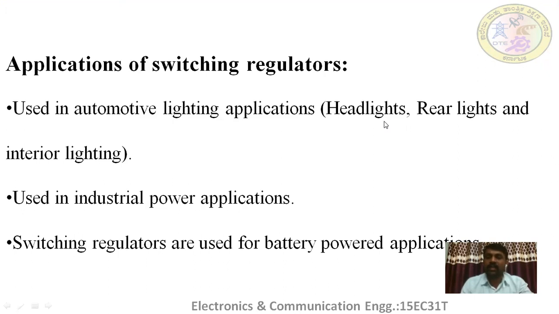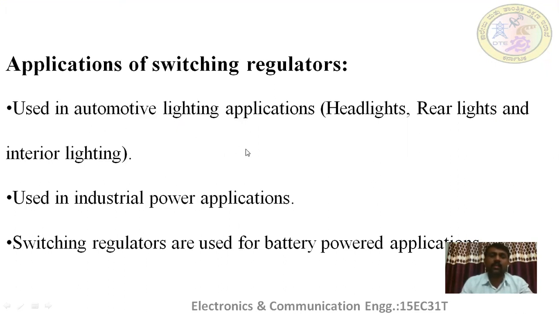Headlights require more voltage, rear lights less than the headlights, and some other interior lights require a few 5-10 volts DC. So these required voltages are provided by using switching regulators. So the point is, these switching regulators can be used to design regulators of vehicles, that is portable, movable vehicles also.